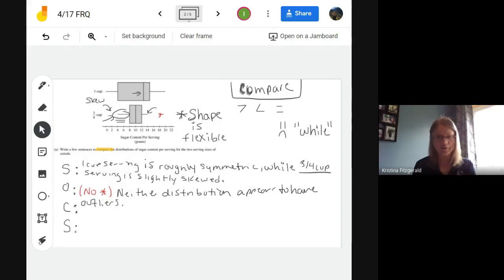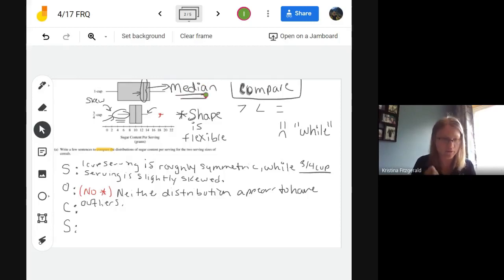Okay, so the C, do we remember what the C stands for? The center, yeah. Here's the biggest thing that people messed up last year on the box plot question when I was grading it. They used the word mean. This right here on a box plot is the median.